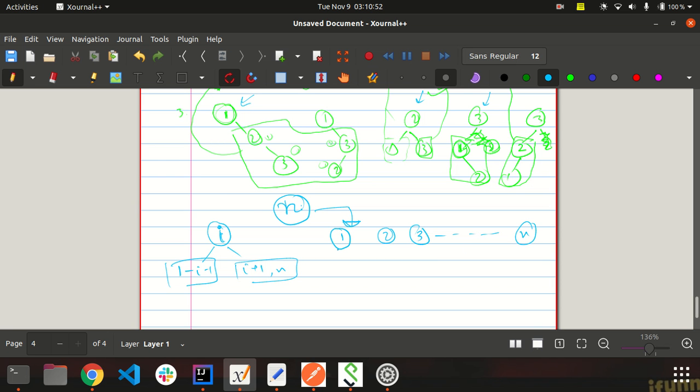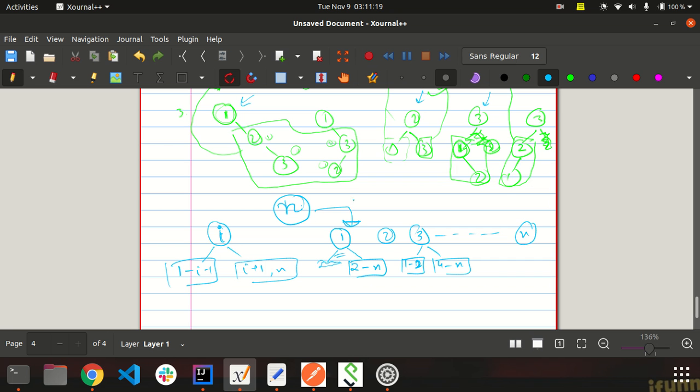Now, for the case of 1, there couldn't be anything on its left, but towards its right there can be 2 to n numbers, correct? Similarly, for the case of 3, we can have 1 to 2 on its left-hand side, and 4 to n on its right-hand side, correct?